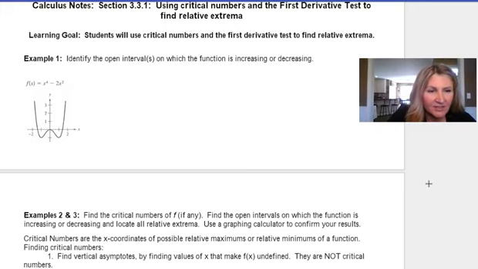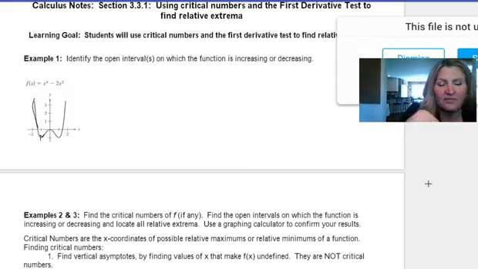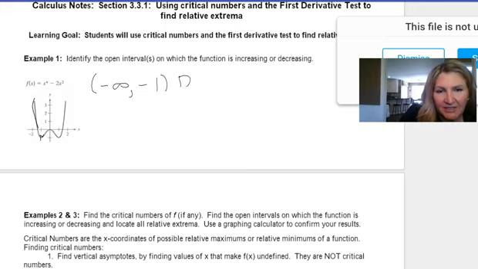Well, if I look at this function and you see where I'm tracing over top of it, as I go from negative infinity to -1, that function is decreasing. As I go from -1 to this x value right here, which is 0, so from -1 to 0, the function is increasing.